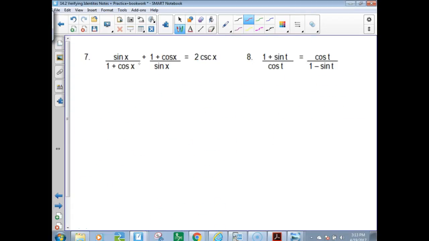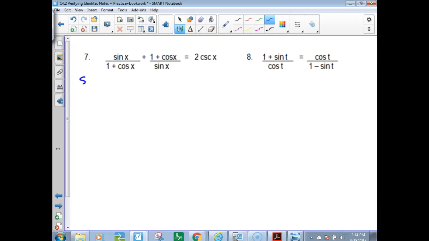Here we go. Left side of this one. Ooh, definitely the left side. Don't know what I'd do over there, nothing. Well, what do you think you need? It's an addition. Common denominator, yes. Okay, so I'm going to need to multiply the first fraction by the denominator of the second and vice versa.